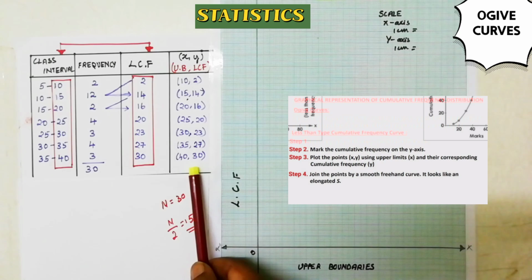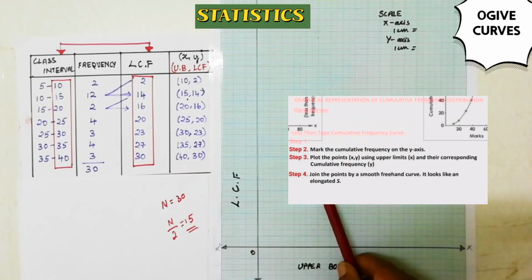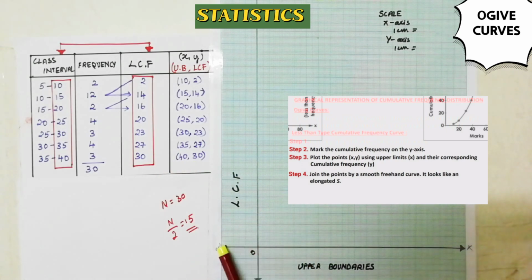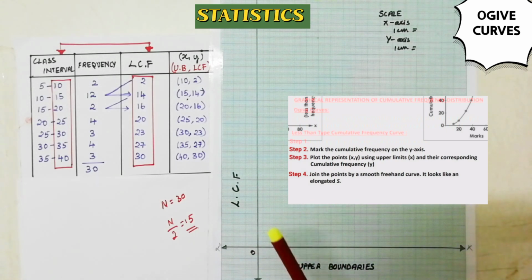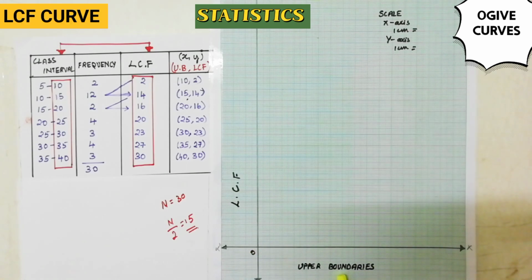Put together, these are the coordinates which are to be plotted on the graph. For the graph, we will be drawing one horizontal line which is the x-axis and one vertical line which is the y-axis. Now, on the x-axis, we are going to take boundaries. So, upper boundaries for LCF, so we are writing upper boundaries. And on the y-axis, we will be taking LCF.